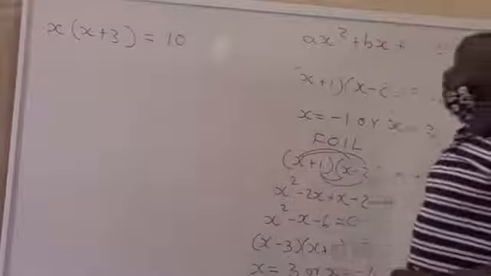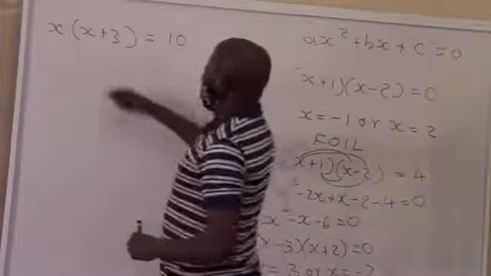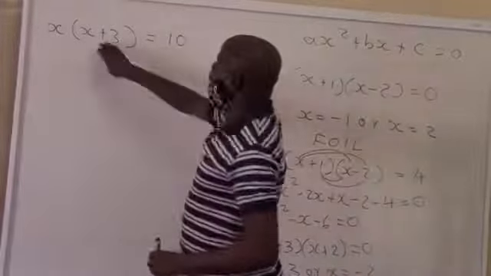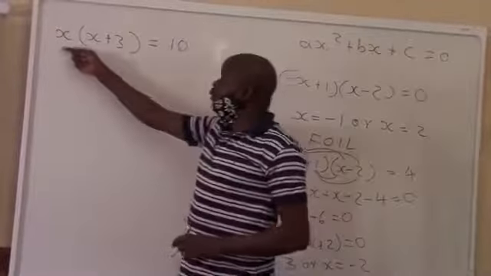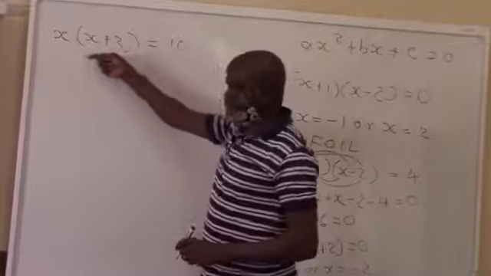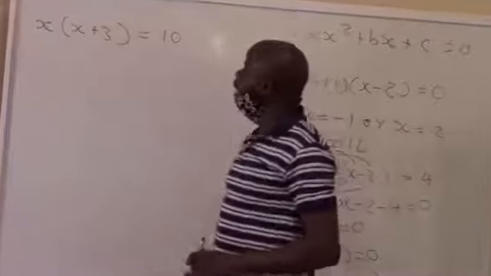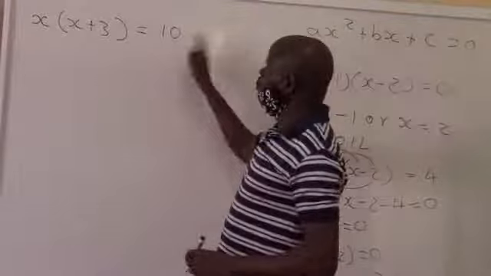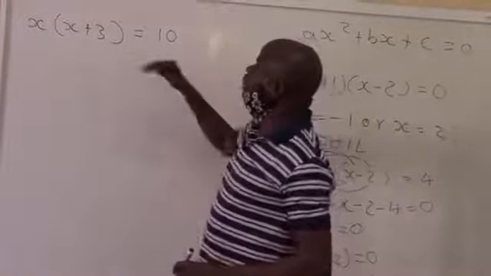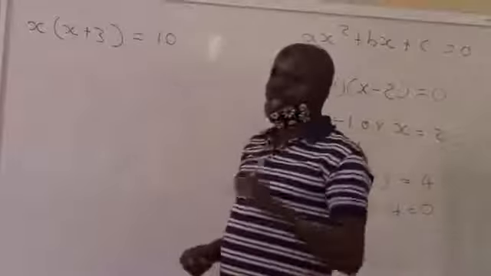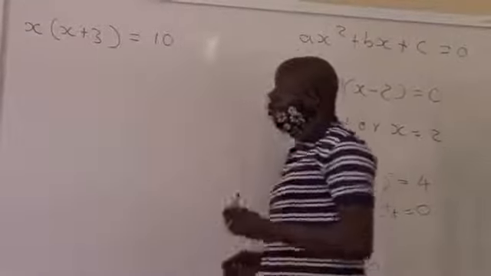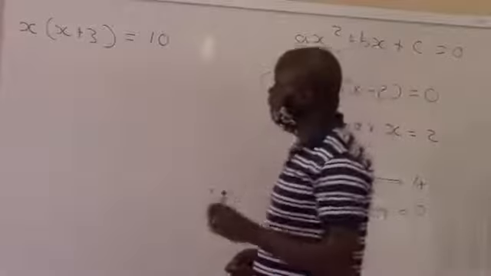Even this one, we cannot say x is equal to 10 or x plus 3 is equal to 10. No, what we need to do is to first find the product, then transpose 10, and then write it in standard form. Writing it in standard form is where we get our first mark.